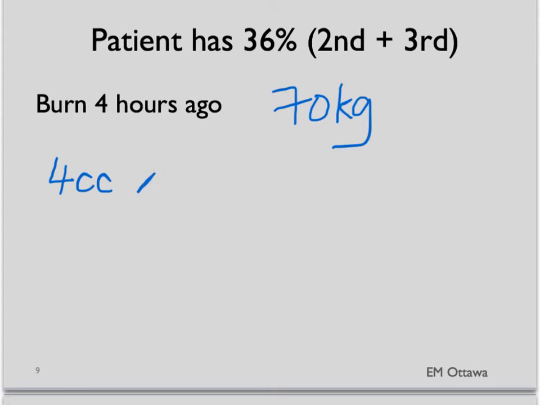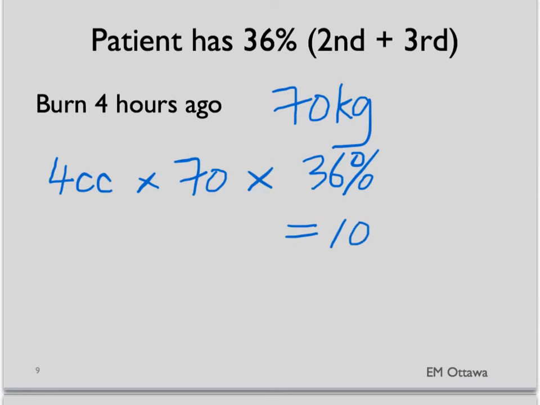Here's the 4 cc times his weight times his percentage burn. You plug in the calculator. It ended up being about 10 liters.